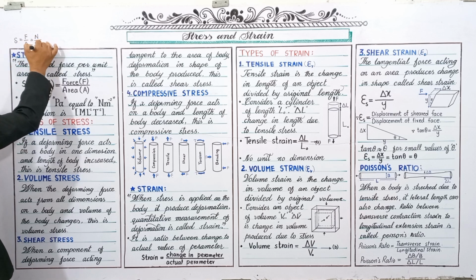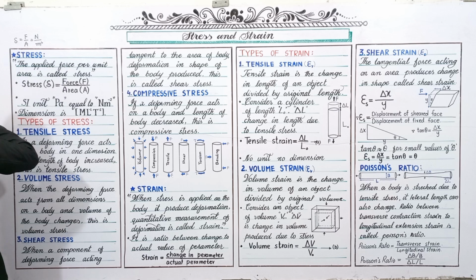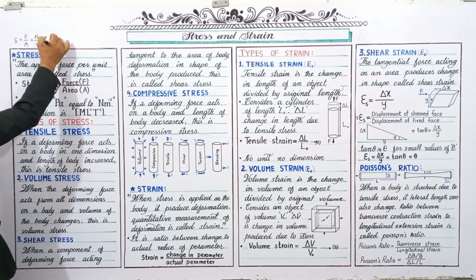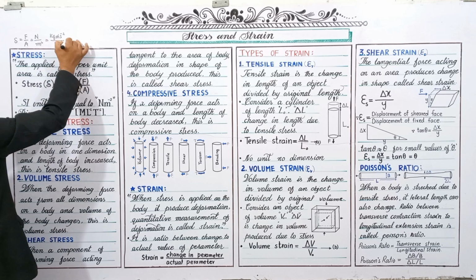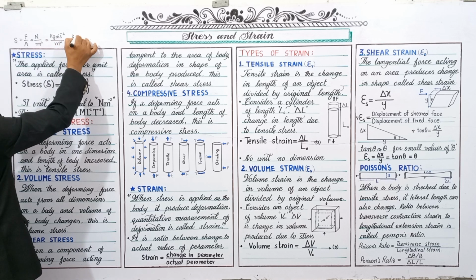What is the unit of area? Meter square. And we know that Newton is equal to kilogram meter per second square. And here is the meter square. That square will be cancelled by the meter, and we get kilogram, m power minus 1 and s power minus 2.